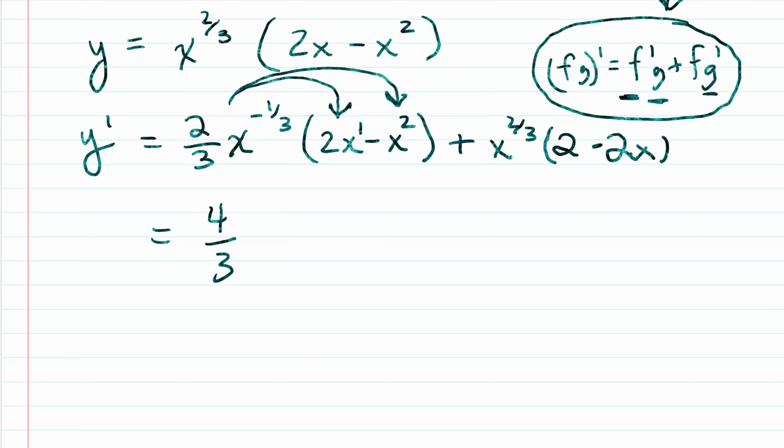So negative 1/3 added to 3/3, because we're using properties of exponents. When you have the same base, you add the exponents. So that's negative 1/3 plus 3/3 becomes 2/3.